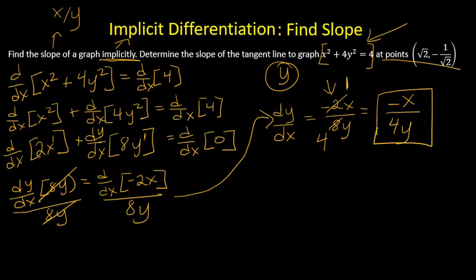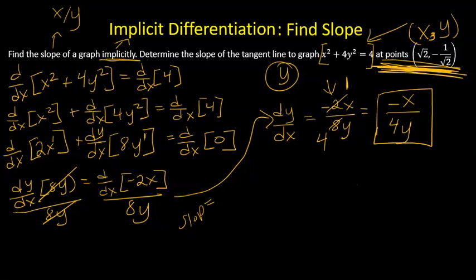This is the answer. However, we still have to worry about these points, right? So what do I do? Well, I have x here and y here, right? Because that's how the point is set up. So what I'm going to do is find the slope by inputting the square root of 2 for x and negative 1 over square root of 2 for y.